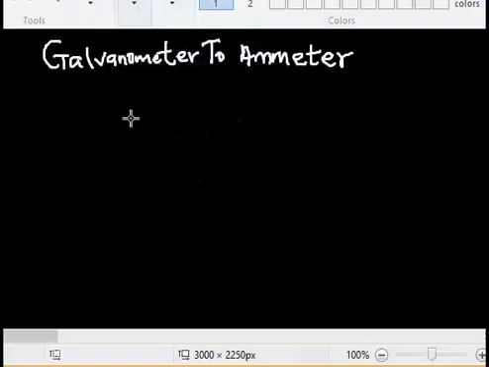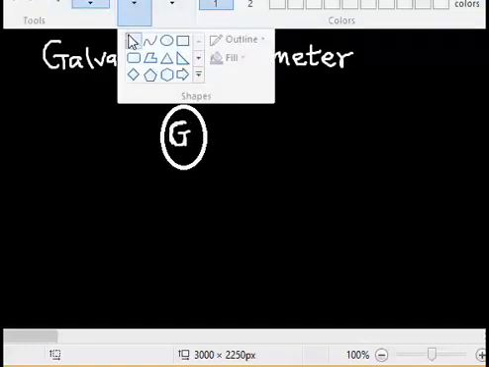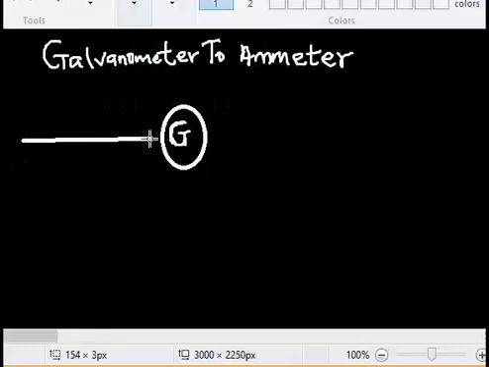Of course, this is the electrical symbol of a galvanometer. I need to convert this galvanometer to an ammeter, which simply means that I need to use this galvanometer to measure the current that an ammeter will measure.